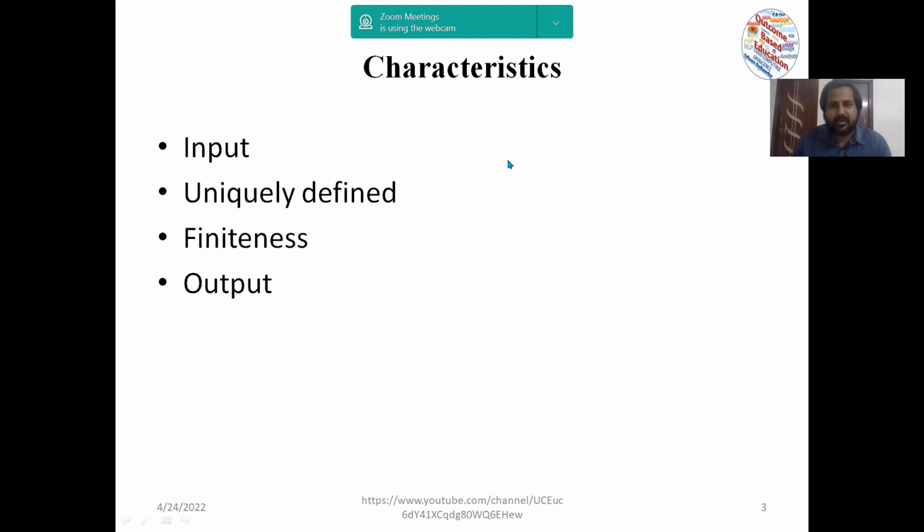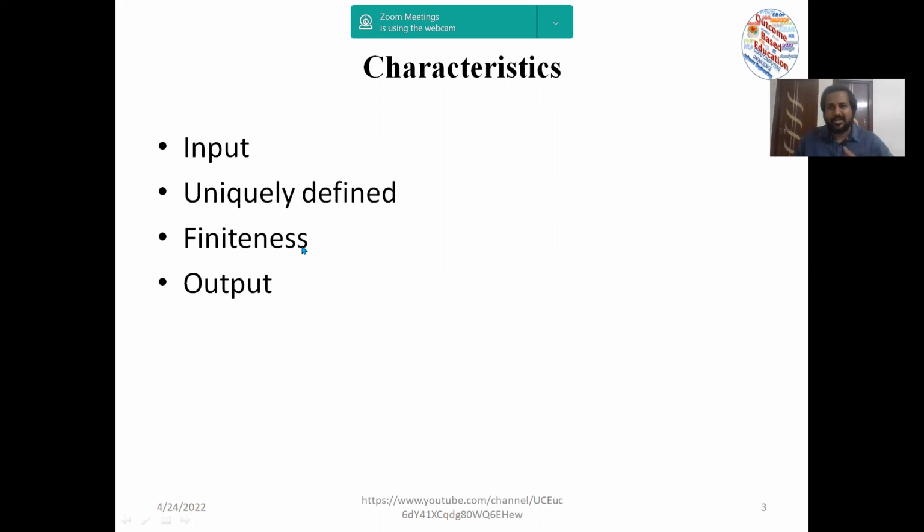First of all we have to check the characteristics of algorithms. Input will be there. For any real time problem, what is the input for that? Next, how to define the steps to find or design the solution, what kind of steps you need to follow. And next, these steps should be finite. You cannot say infinite methods.